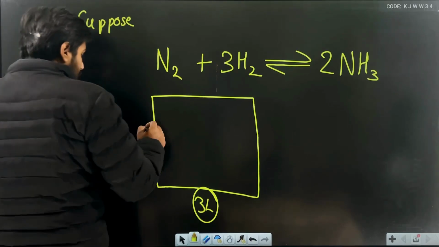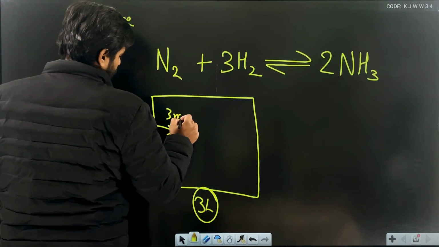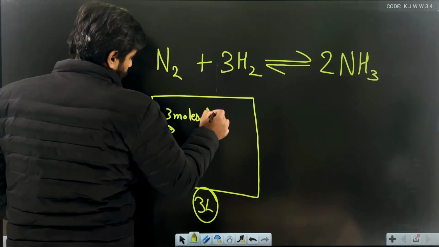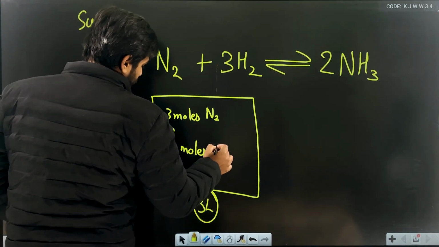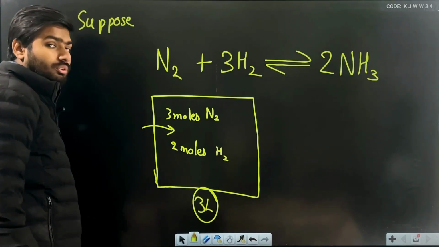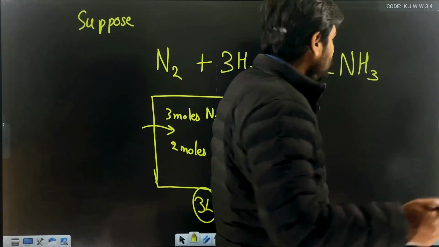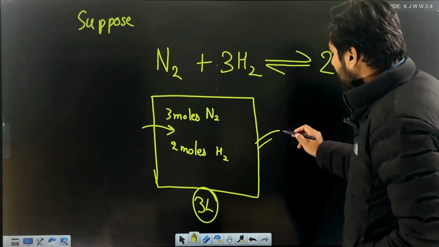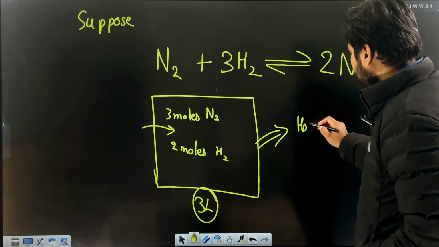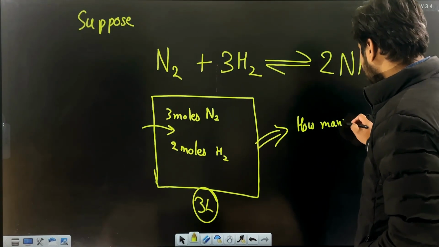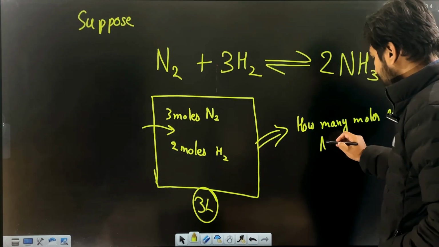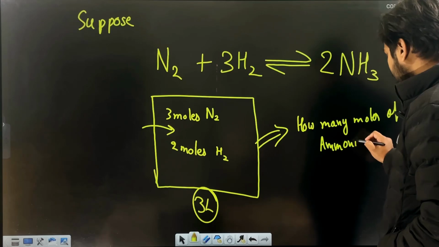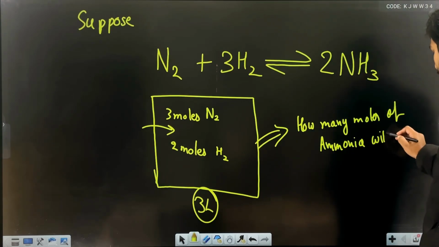You have 3 moles of nitrogen and 2 moles of hydrogen. You have to calculate how many moles of ammonia will be produced.